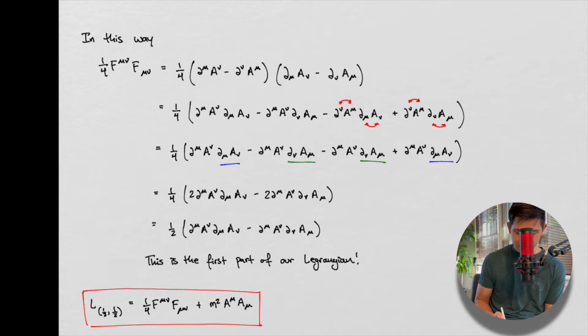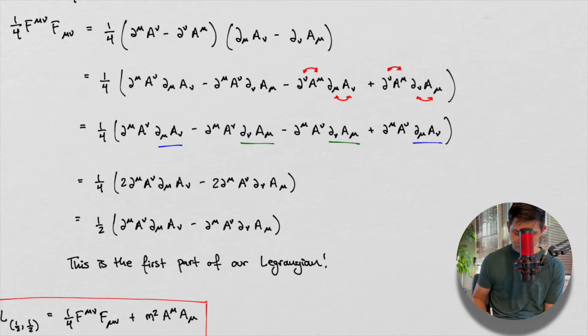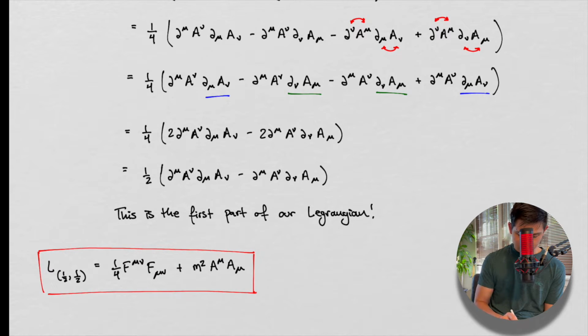Since these are all dummy indices because they're on both sides of the equation, we can swap dummy indices as I'm doing here. And then we can recognize that here's d mu A nu, here's d mu A nu, here's d nu A mu, and d nu A mu. So what's in green are the same, what's in blue are the same. So the d mu A nu parts here, and the d nu A mu parts right there. And we have 2 of each, so there's the 2.